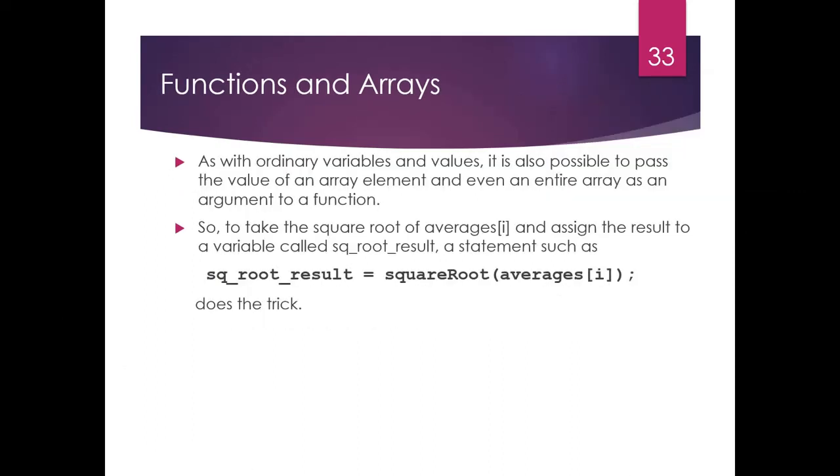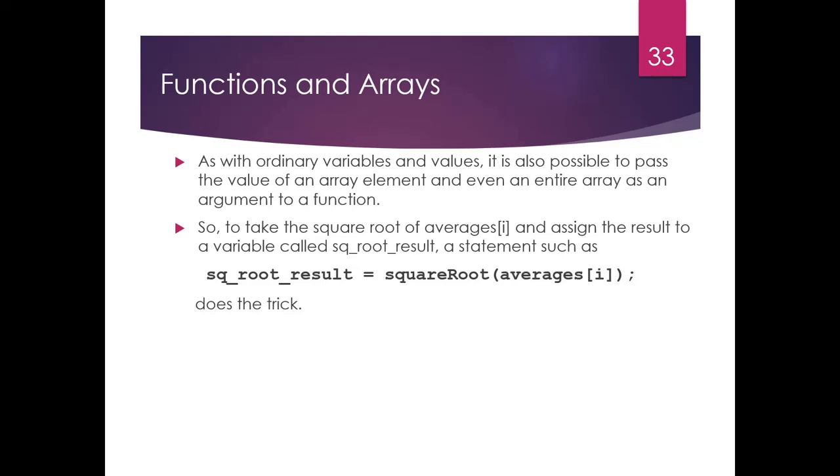Hello, today we are going to talk about the third part of the functions lesson. Here we talk about functions and arrays. As with ordinary variables and values, it is also possible to pass the value of an array element as an argument to a function. As in previous days, we talked about how to pass parameters to functions.